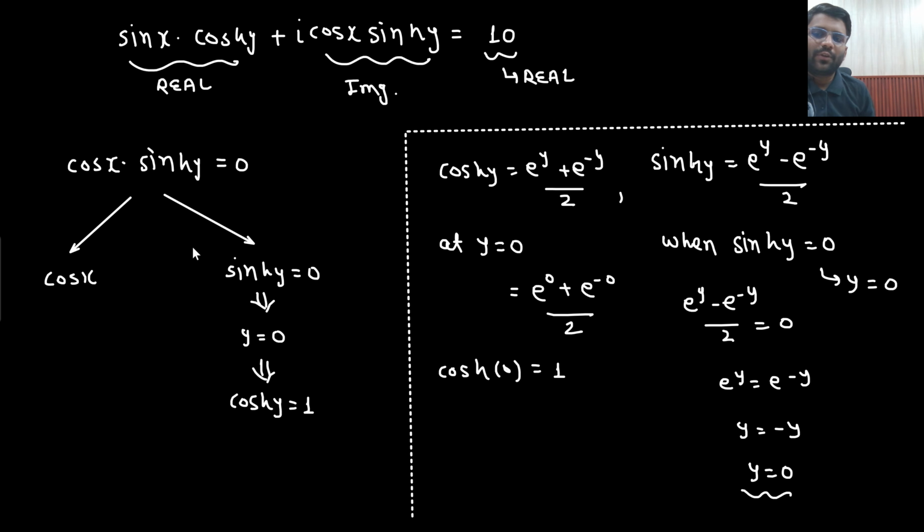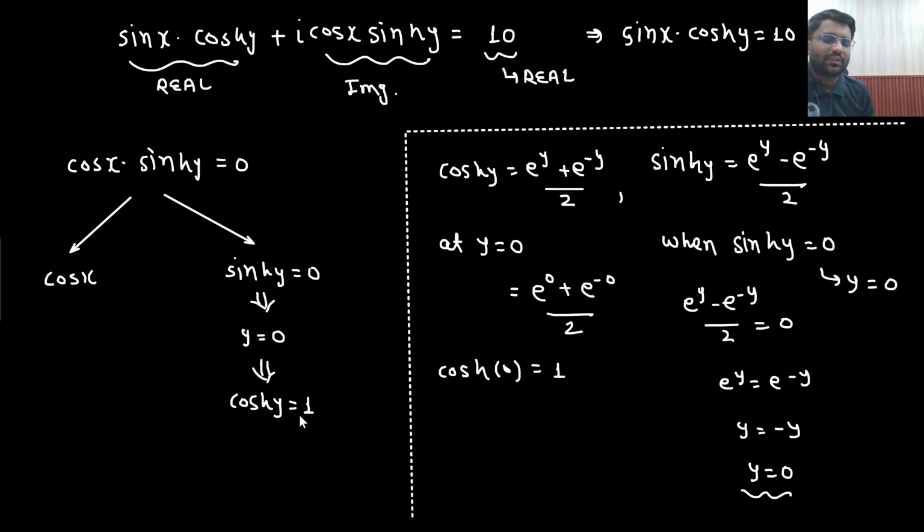Now from this equation, what do you conclude? That this imaginary part, cos x dot sin hyperbolic y, has to be 0, but the real part has to be equal to 10. From here, one more conclusion we will make: that sin x dot cos hyperbolic y has to be equal to 10. Now if sin hyperbolic y is 0, then y has to be 0.